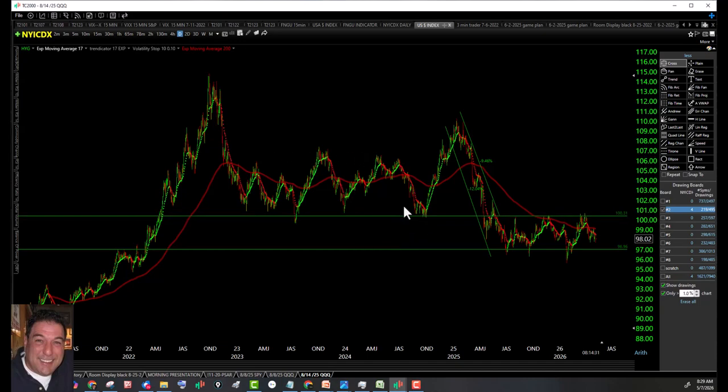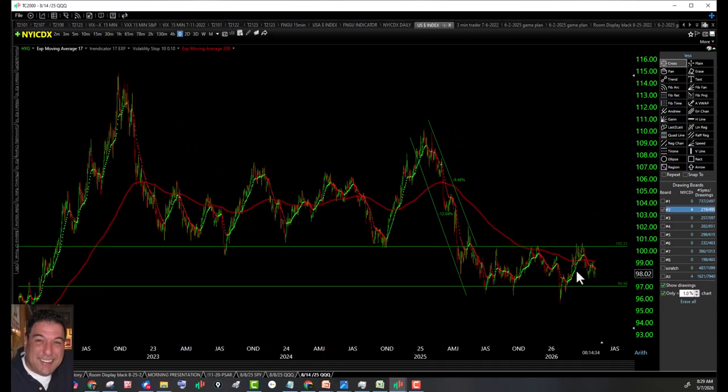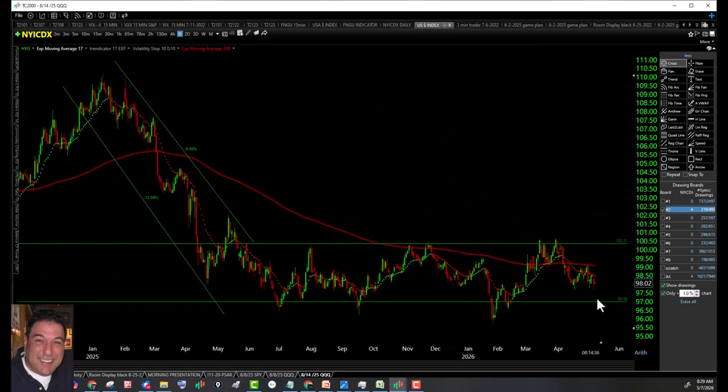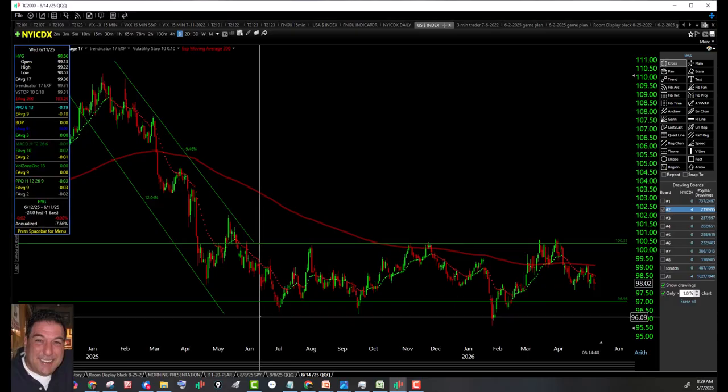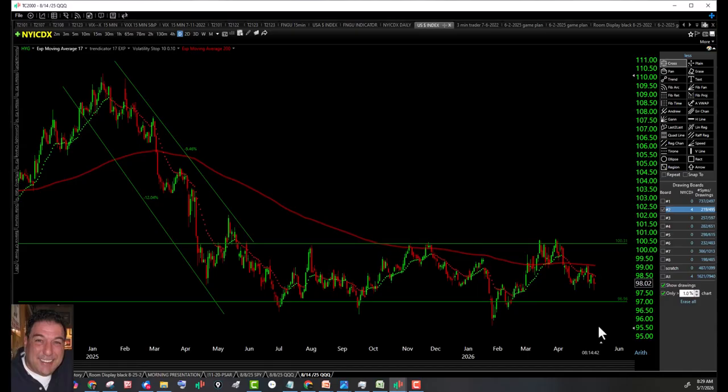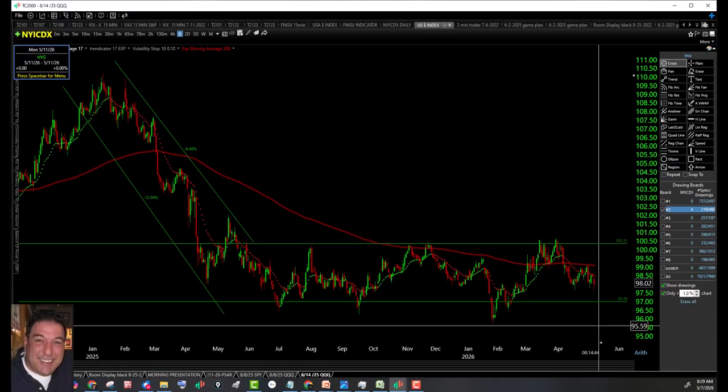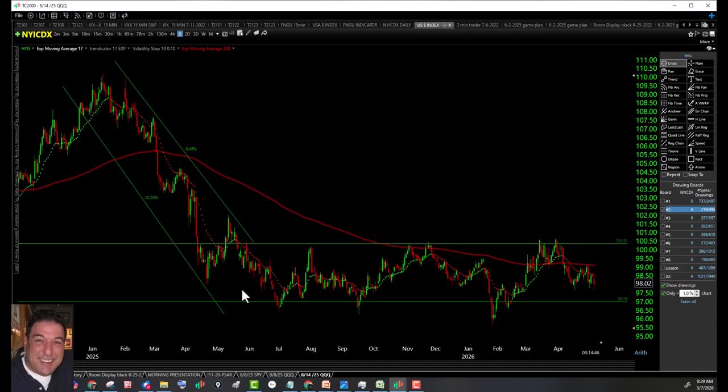Okay, so we're in this 8-month, 10-month bear flag right here. Well, from June all the way till May of 2026. So we got ourselves an 11-month bear flag. Notice the bear flag is longer than the flagpole.